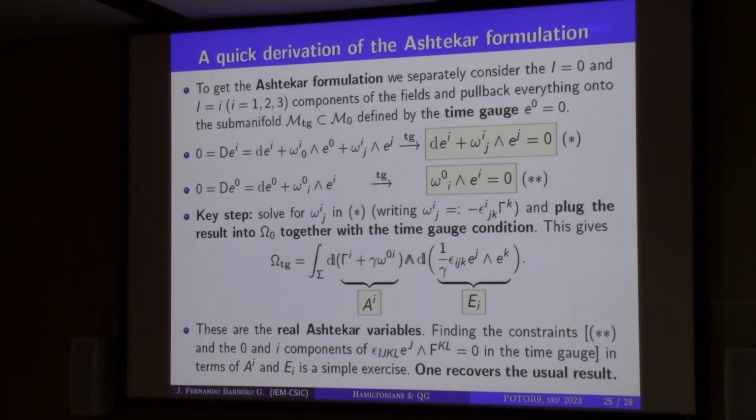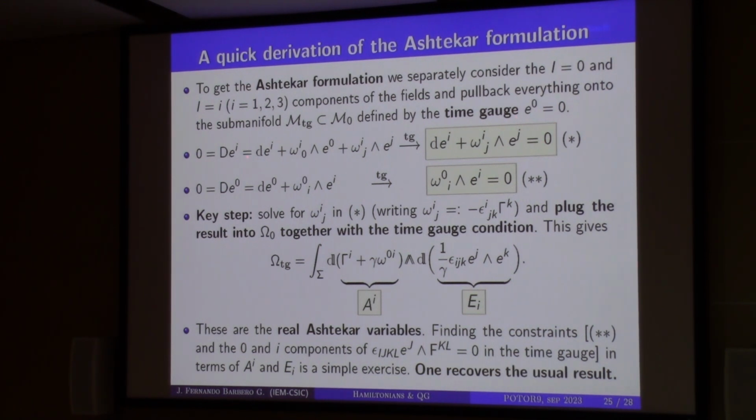So what you have to do to arrive at the Ashtekar formulation, the real Ashtekar formulation, for Lorentzian gravity, is the following. You separately consider the capital I equal to 0 and capital I equal to 1 to 3, so these components, and introduce a time gauge. So you have to take everything as a manifold of n, which is defined by this acceleration.